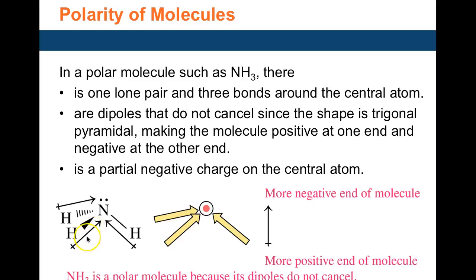Or it could be 2.8, I'm not entirely sure. But anyway, there is an electronegativity difference, and those dipoles are directed towards nitrogen. And again, there is nothing to cancel them out. So therefore, ammonia is polar. So asymmetrical molecules, if they have polar bonds, are going to be polar.